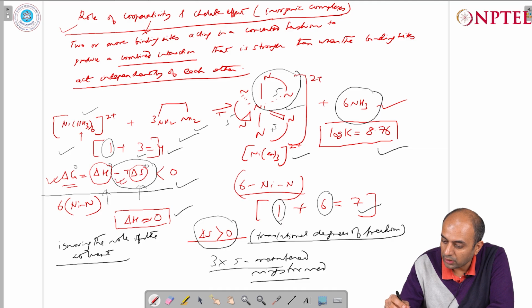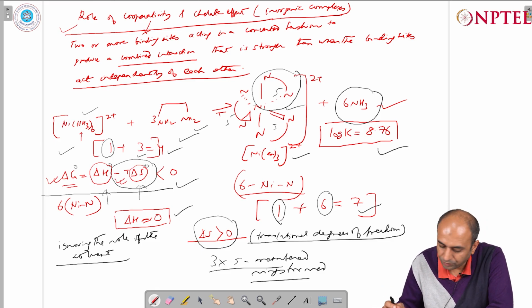So formation of 2 nickel nitrogen bonds is the driving force, and this results in the formation of a cyclic system, a cyclic loop, which we call a 5-membered ring. Because the ligand effectively encapsulates the metal ion here, this is referred to as the Chelate effect, and 3 such rings contribute towards the overall stability of this Chelate effect.